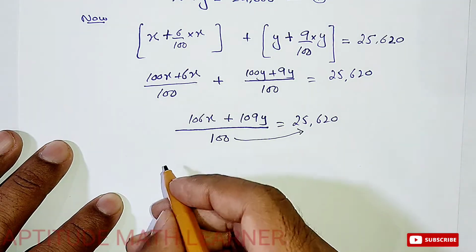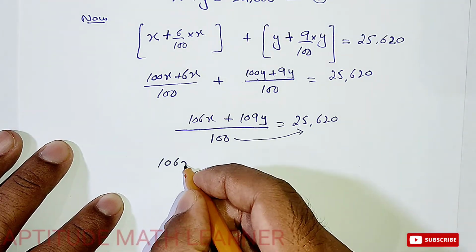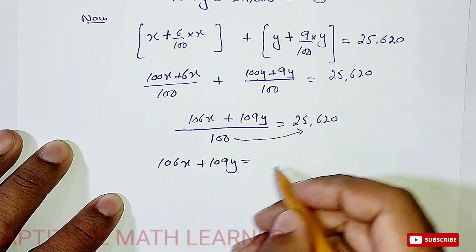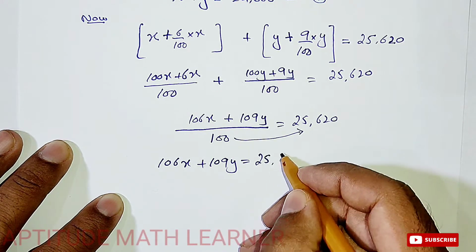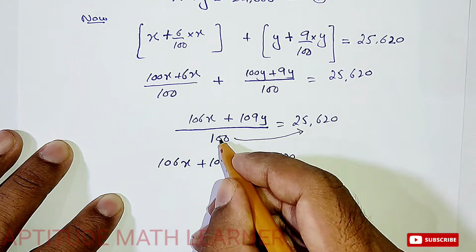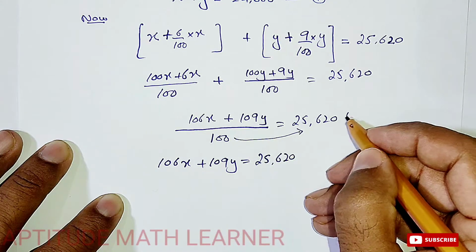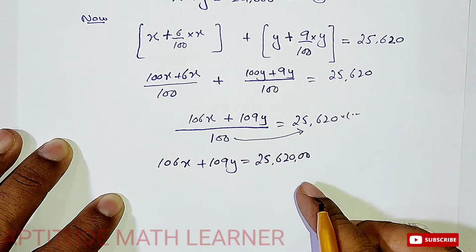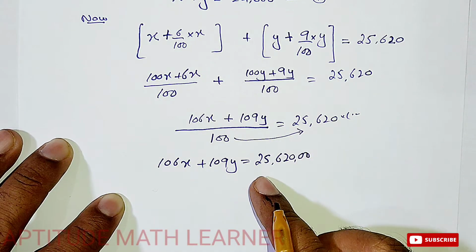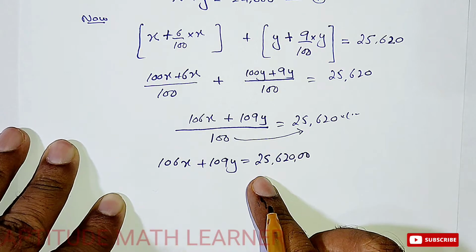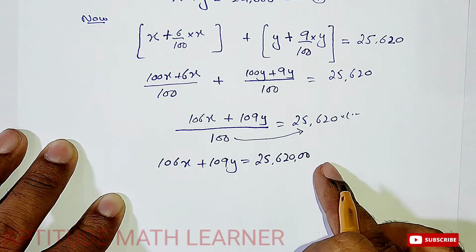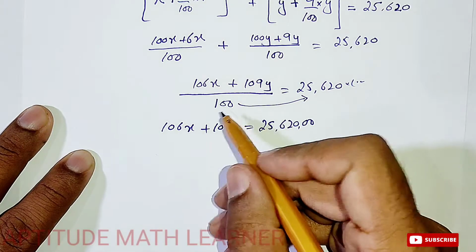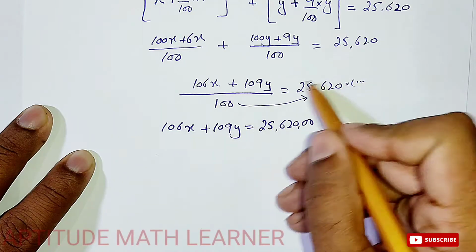So we get 106x plus 109y equal to 25,620 times 100, which is 2,562,000. This is not a population, because 100 has been multiplied by the above portion.